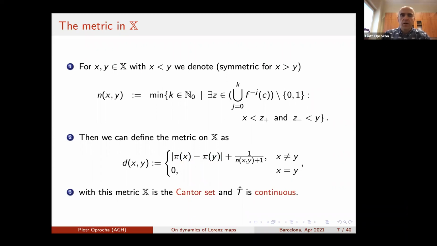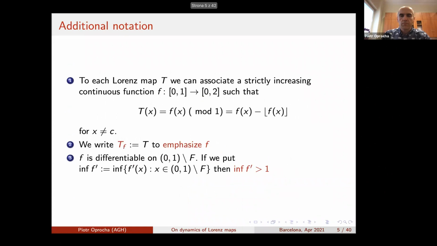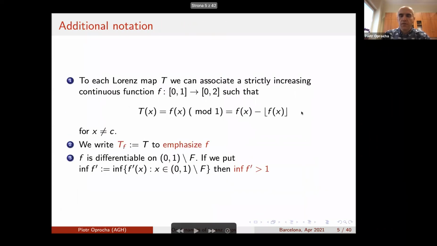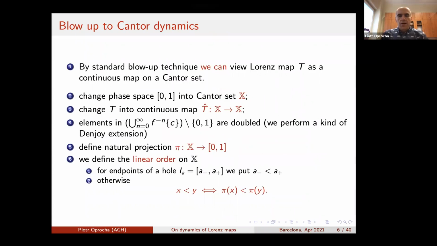If you pass from that map on the interval to the Cantor set, you have a standard dynamical system, a continuous map on the Cantor set, and you can look at all the topological properties that you have in topological dynamics. But in many papers people don't do that.